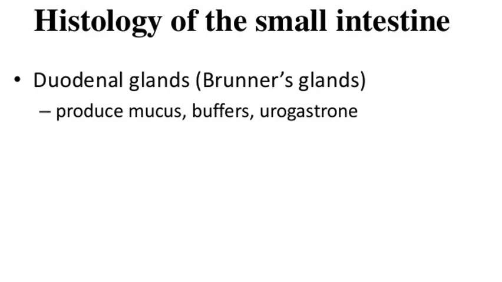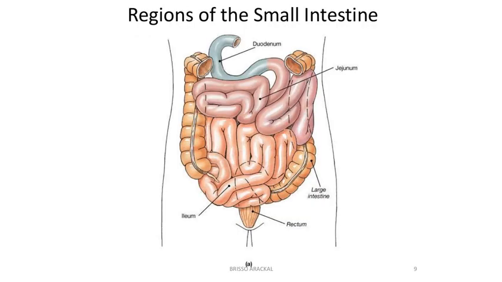Duodenal glands or Brunner glands produce mucus, buffers, and urogastrone. The function of Brunner glands is neutralization of the acidic juice of the stomach. Regions of the small intestine: duodenum, jejunum, and ileum.